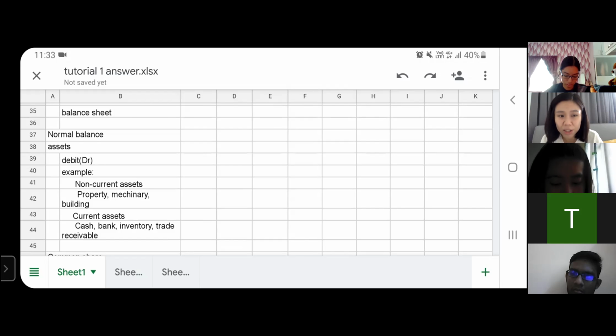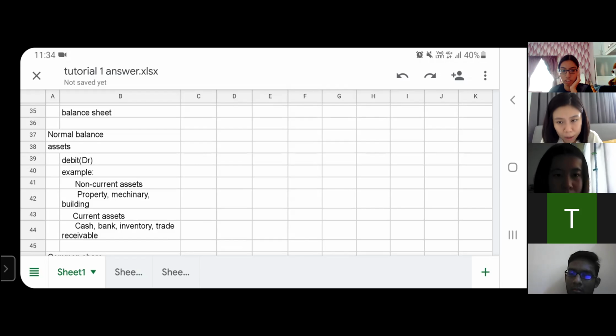So what you're trying to say is you need the criteria of consistency. When you use straight line, you continue to use straight line, because if you change in the middle, it will give you different valuations of the asset. Then it will affect the financial statement and also the decision making.